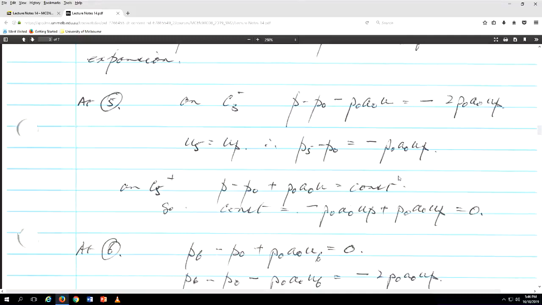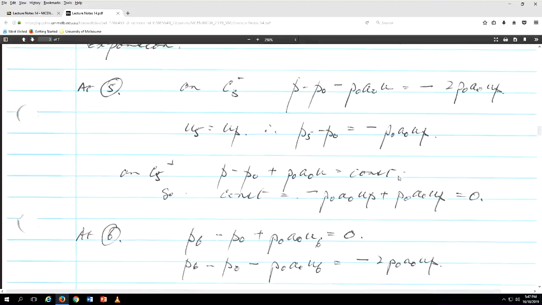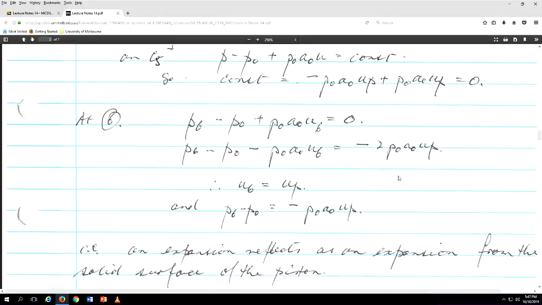Oh, sorry. No, 6 was away from the piston. U5 was equal to UP. And P6 minus P naught minus rho naught A naught U6 is minus 2 rho naught A naught UP. And so what you find is that U6 is equal to UP, and P6 minus P naught is minus rho naught A naught UP. So an expansion reflects as an expansion from the solid surface of the piston.